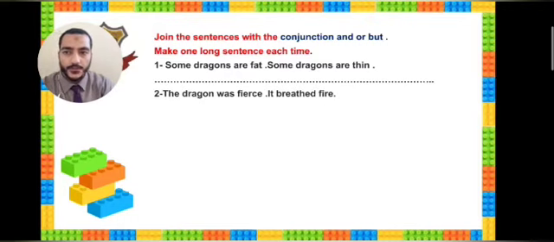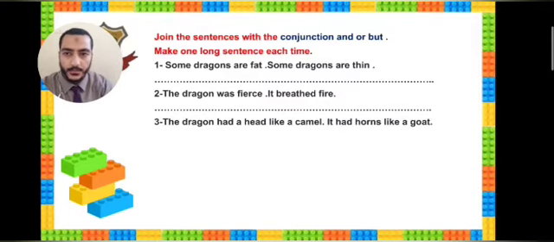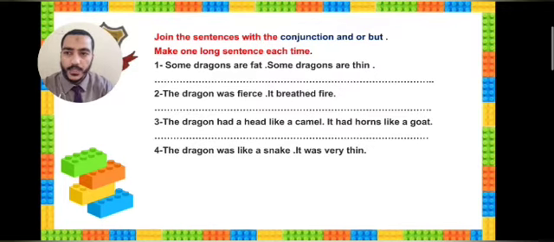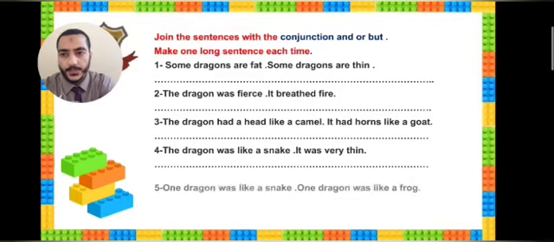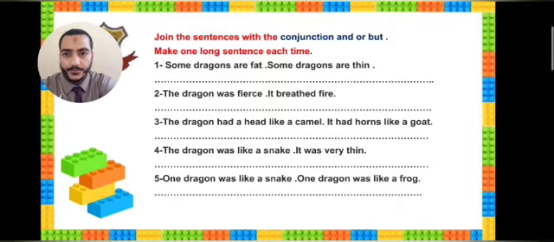Number two, the dragon was fierce, it breathed fire. Number three, the dragon had a head like a camel, it had horns like a goat. Number four, the dragon was like a snake, it was very thin. Number five, one dragon was like a snake, one dragon was like a frog. Okay.